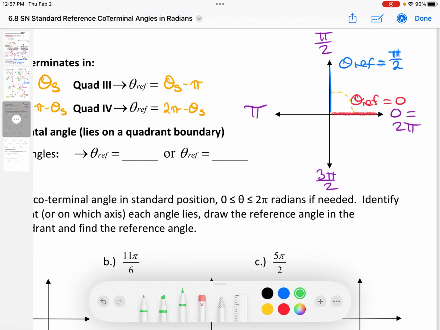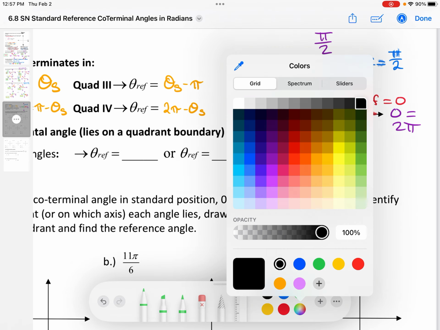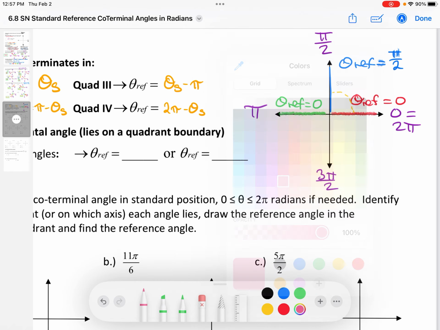Pi is on the x-axis, so its reference angle is 0. Our angle doesn't move from the x-axis, so its reference angle is 0. And if we look at 3 pi over 2, that reference angle to the x-axis is pi over 2.